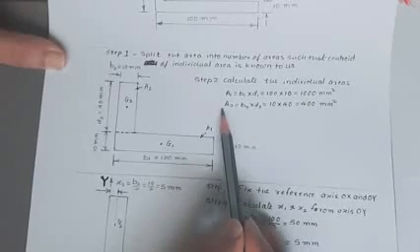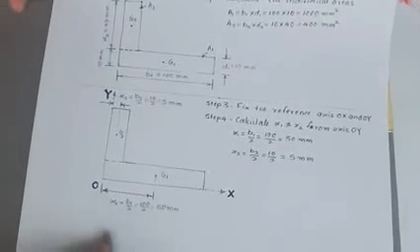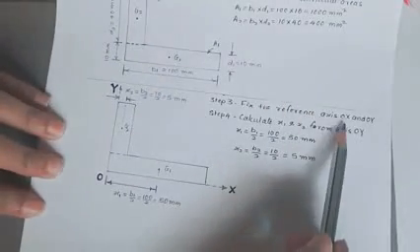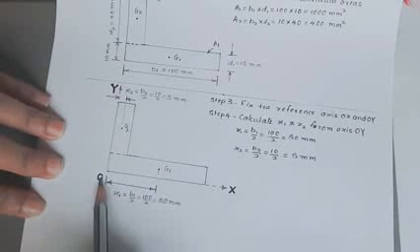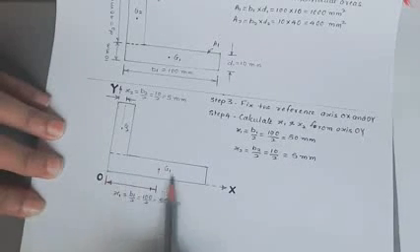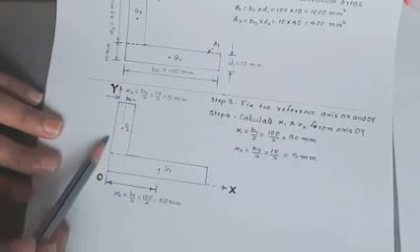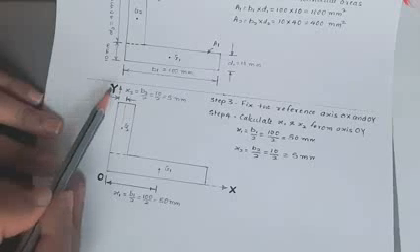In the third step, we fix the reference axes OX and OY. This is point O, this horizontal axis is my reference axis OX, and this vertical line is my axis OY. This is the center G1.